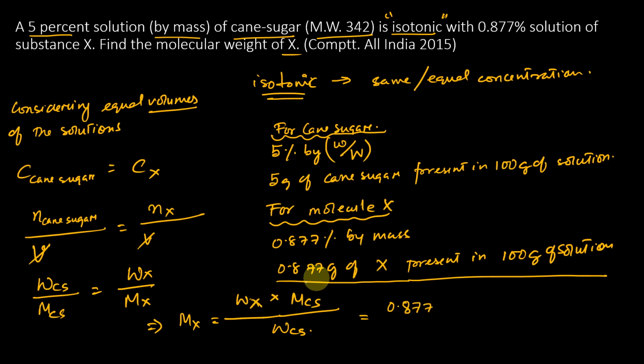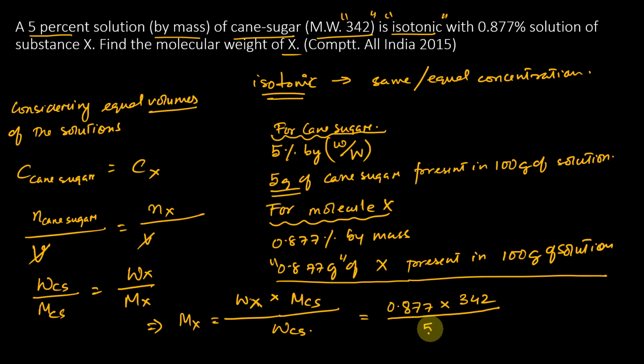The answer is going to be 0.877. This is the weight of X, okay, into molar mass of the cane sugar. What is the molar mass of cane sugar? 342. 342 is the molar mass of sucrose या sugar, ठीक है। 342 divided by what is the weight of cane sugar given? 5 gram, 5% ना, 5 gram.